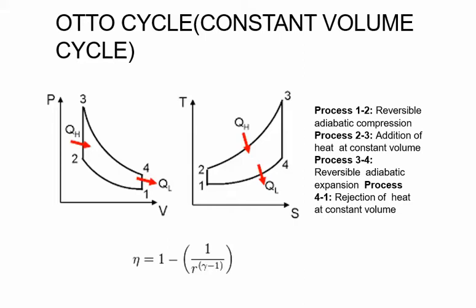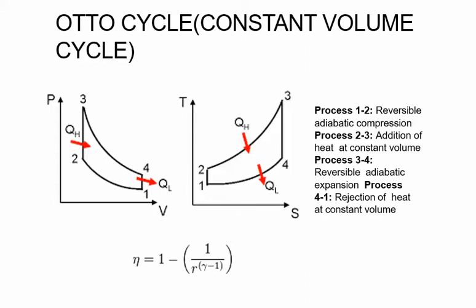The 2 to 3 process is an isochoric process, as it has a constant volume, and 4 to 1 is also an isochoric process, as the volume remains constant in this process.